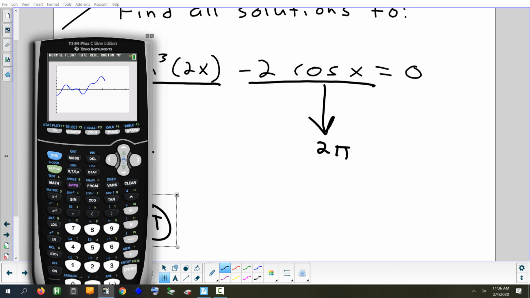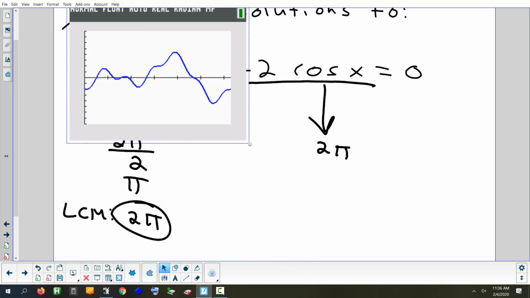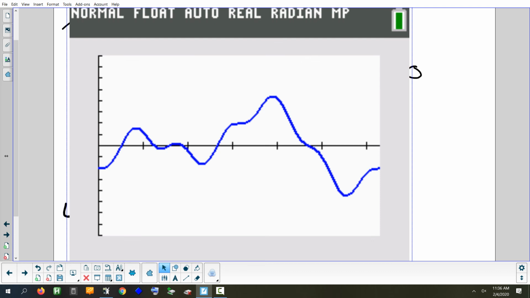It's going to take a little while to draw it because it is kind of complex. So, how many times does it look like that crosses? Yeah, I think 6.